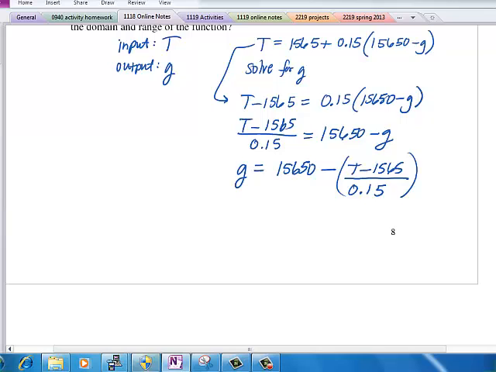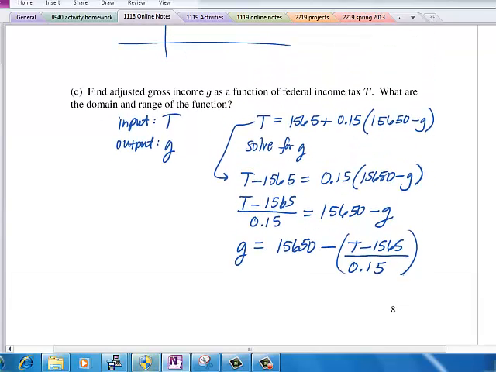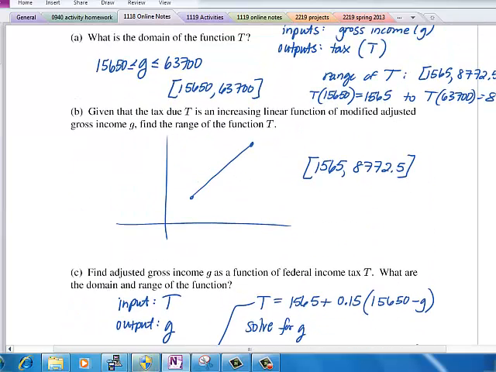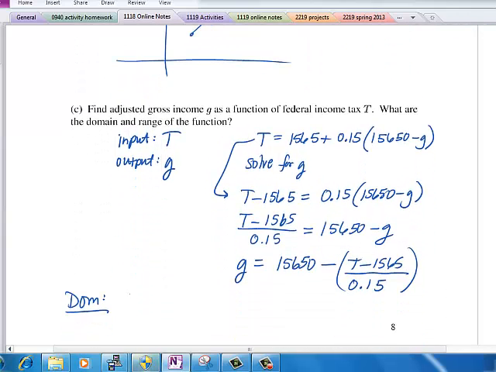So here is a function that gives us the gross income as a function of t. So if you know how much tax was paid, we could figure out the gross income. The domain here would be the set of t values from above, so t between 1565 and 8772.5.